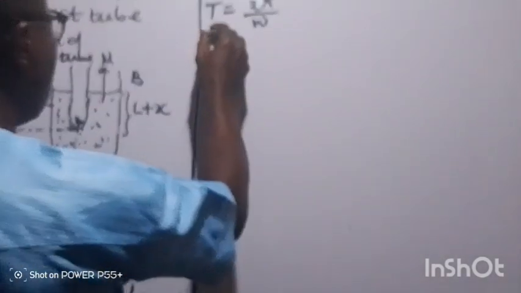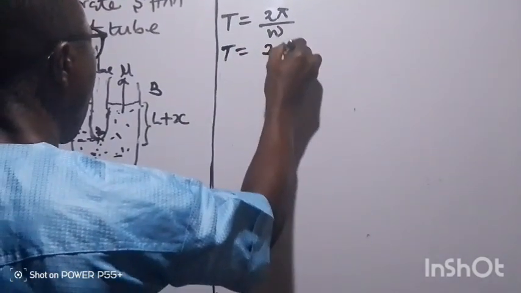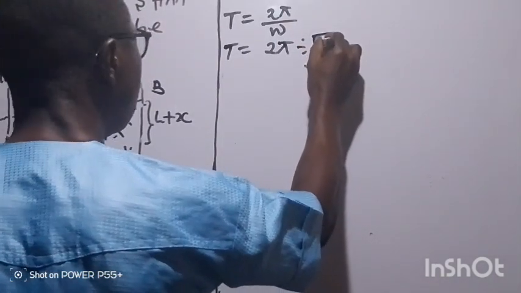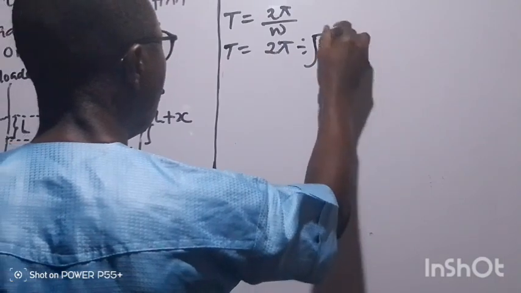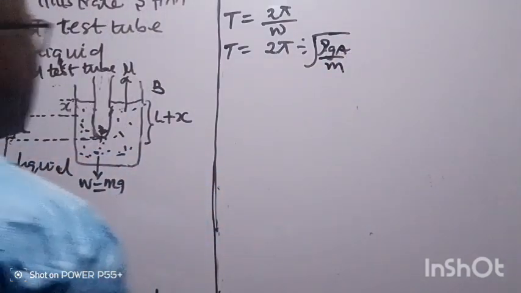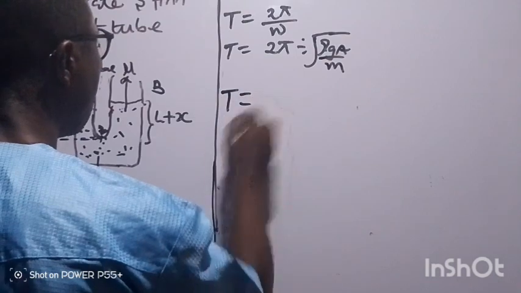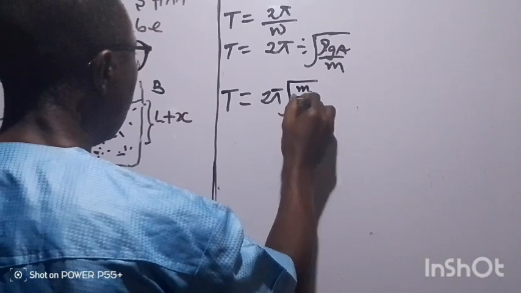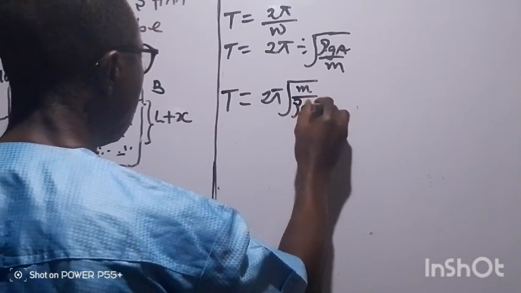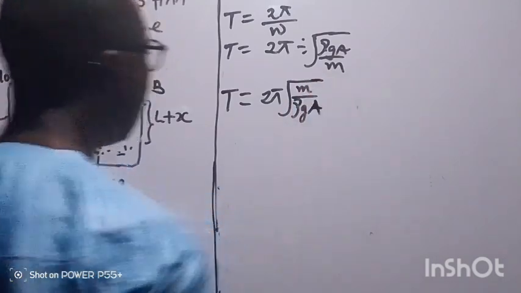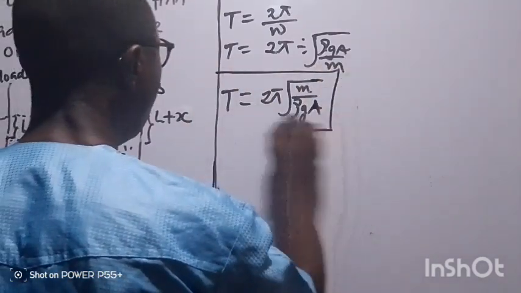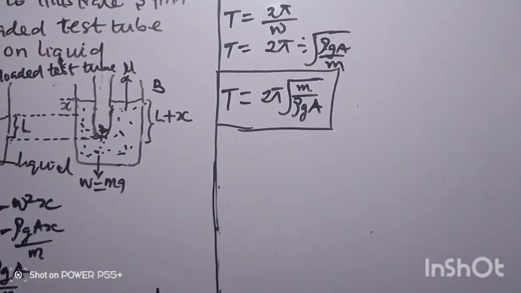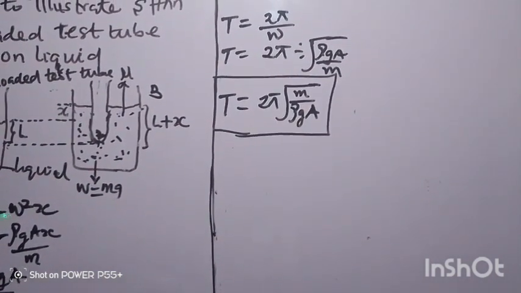So our T now is equal to 2 pi divided by square root of density G A over M. And this one will now give us, period, 2 pi square root of M over density, acceleration due to gravity, and area. That's the period of the loaded test tube placed on water, oscillating up and down to perform simple harmonic motion.